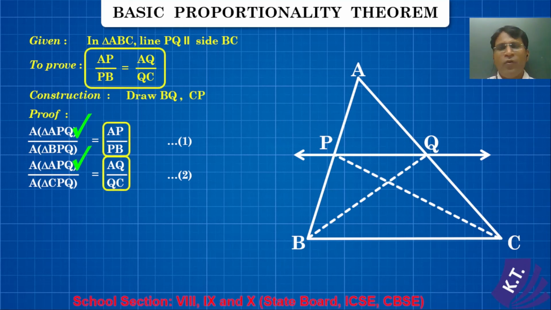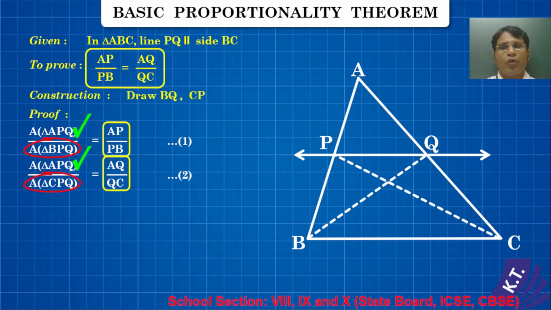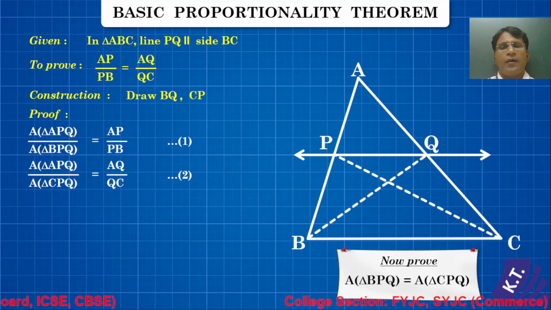Now somehow we have to prove that the denominators are equal. If we are able to prove that, then we can easily say AP upon PB will be equal to AQ upon QC. So our motive right now is to prove area of triangle BPQ is equal to area of triangle CPQ.